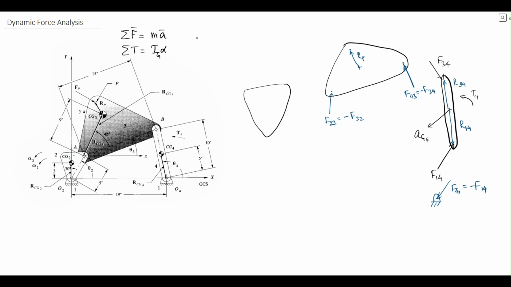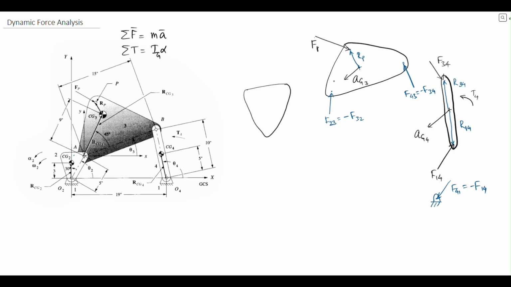There is an external force which is acting, this FP, and then at this point there is going to be an acceleration aG of body 3.